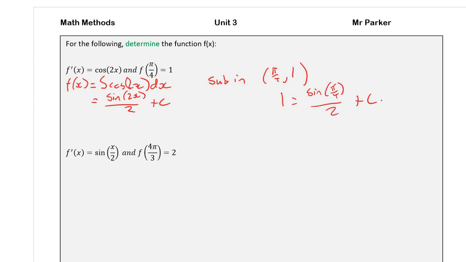Does anyone remember what sine of pi on 4 equals?